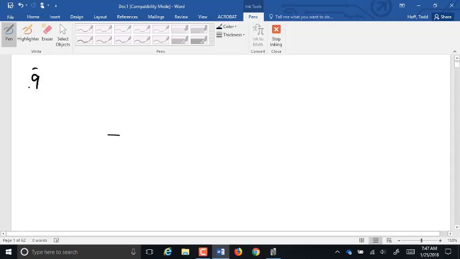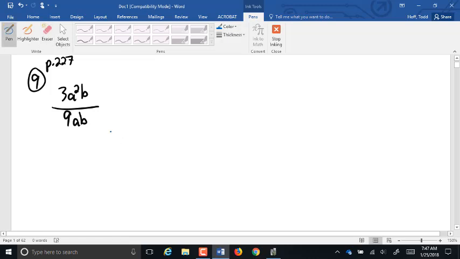So for number 9, this is page 227 in the packet. I'm going to write it as a fraction because it's simpler to work with for me that way. 3a squared b over 9ab. Rob, this might look more familiar to you from the summer and from last spring for you.